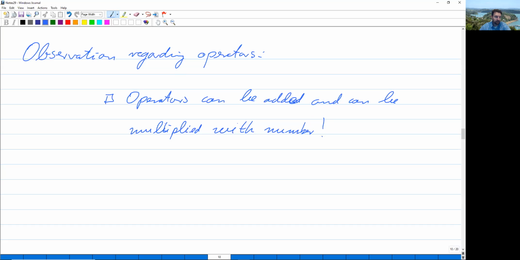A vector space is a set of elements which have the property that if you add any two of them, you get another element from the set. And if you multiply any one of them with a real or here complex number, you'll get another element of the set. So there have to be addition and multiplication rules that allow that structure, and that's what we have for operators. So therefore, operators form a vector space.